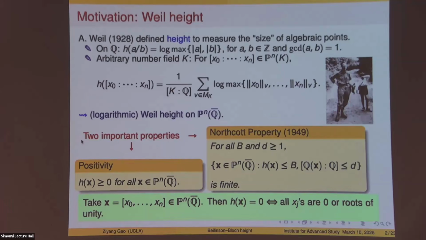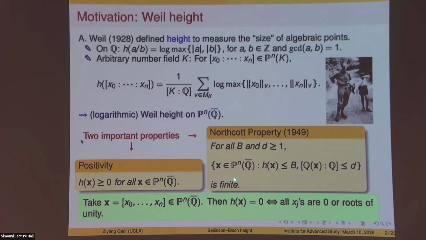There are two important properties of this height, and they are not hard to prove, but they are very important. First of all, this height has a lower bound, and it's even non-negative. It's bounded from below by 0. That's because in this definition, you can always choose one of the coordinates to be 1. You can divide things so that one of the coordinates is 1. So this is always non-negative. And second is the Northcott property. That is, we have only finitely many algebraic points with bounded height and bounded degree.